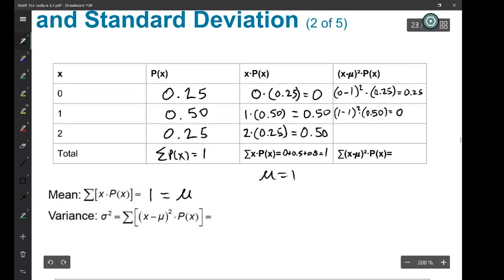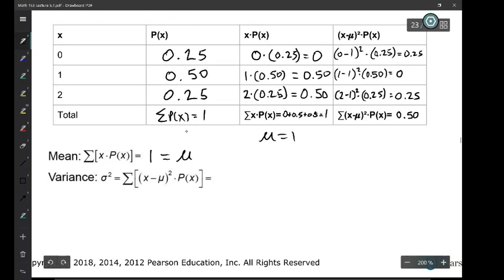And then for x equal to 2, we have 2 minus 1 squared times 0.25, which is 1 squared times 0.25, which is 0.25. Sum all of those up to get 0.50. So the variance is 0.50.